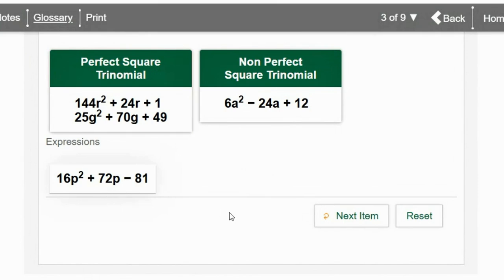16p squared. I'll give you a moment if you want to write that on paper and break it down like I just did. What's A? What's B? And if I multiply them together, do I get the middle term? Okay, I got one yes.